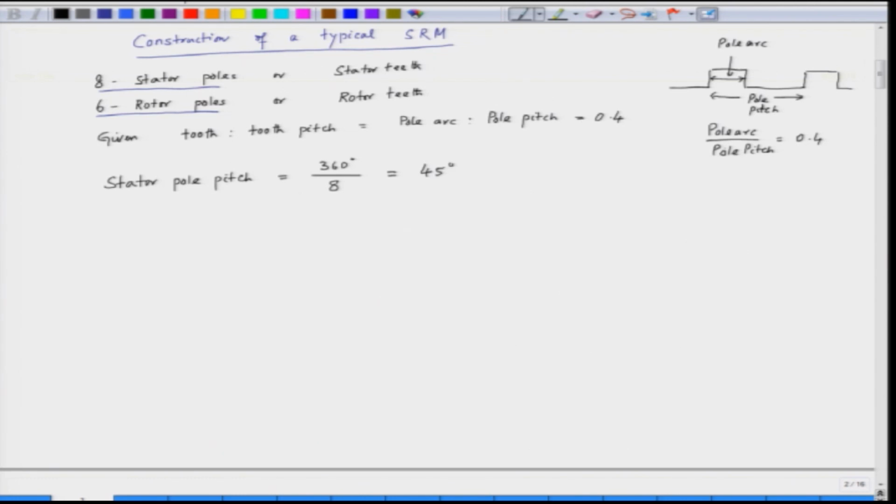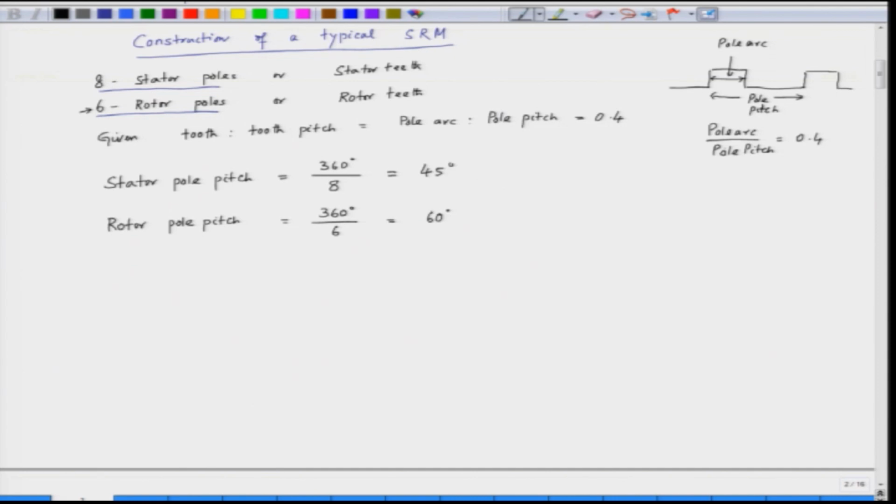So, pole pitch is 45 degrees. And what about the rotor pole pitch? Rotor pole pitch is equal to 360 divided by 6, since we have 6 rotor poles here. So, we get 60 degrees.